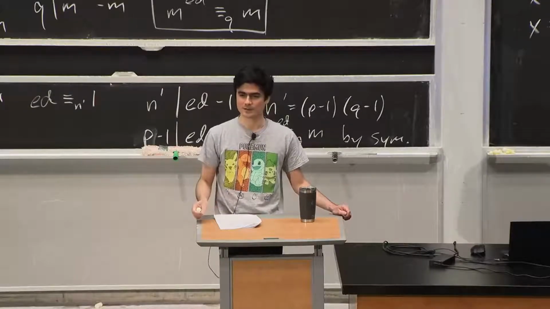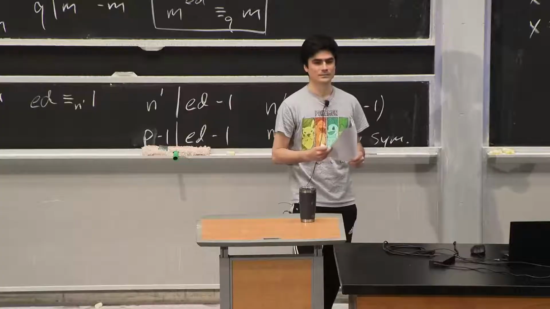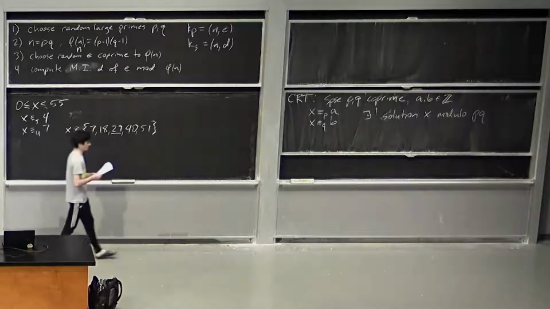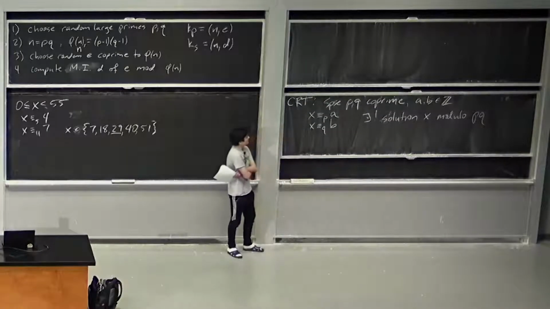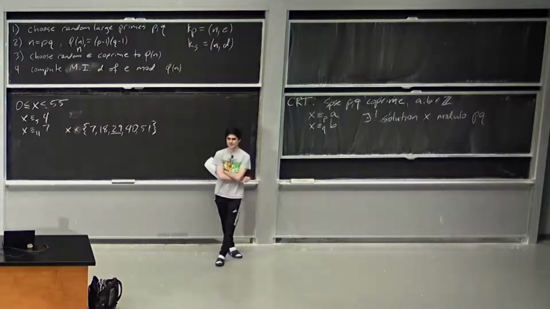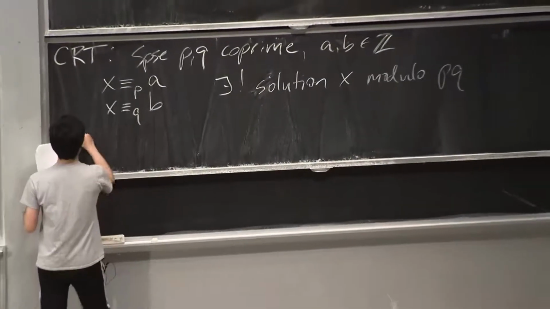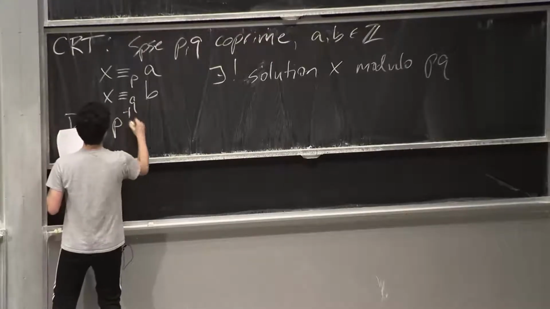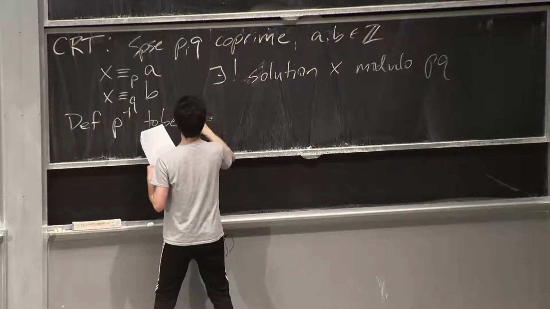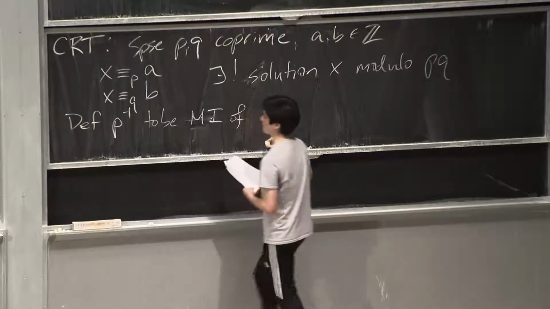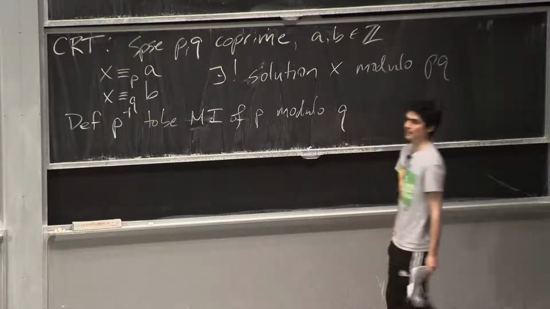Okay, well, if we look at the special case where a equals 0, why don't we start by defining p inverse, p minus 1, to be a modular inverse of p modulo q.